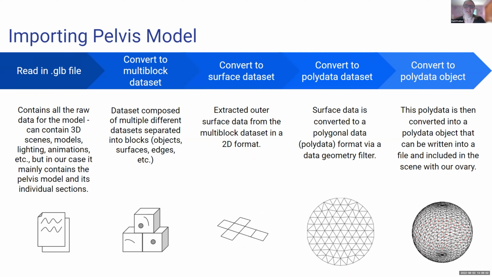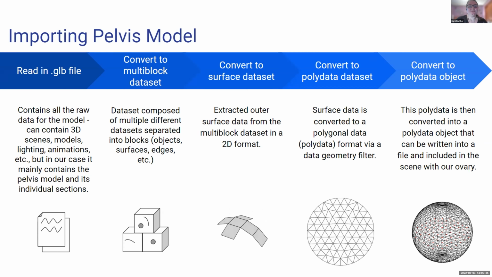But it actually ended up being a whole 5-step process where we had to read in this GLB file, which is a pretty standard 3D model file as far as the greater world of 3D modeling is concerned. However, with VTK, it is far from standard, and there is not really that much support other than reading in a GLB file.